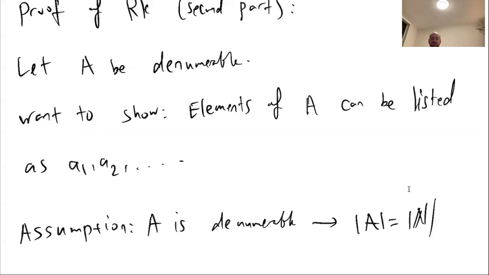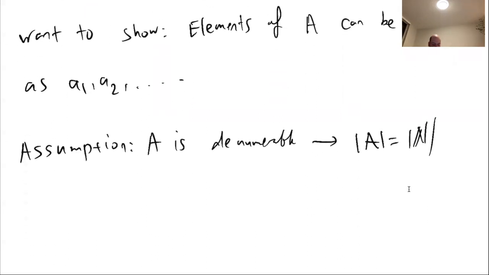A denumerable set means a set whose cardinality is the same as natural numbers. Now, if the cardinality of two sets are equal, do you remember what the definition says? The definition says that the cardinality of two sets are equal if there is a bijection from one set to another. So A is denumerable, it has the same cardinality as N. So that means there exists a bijection.